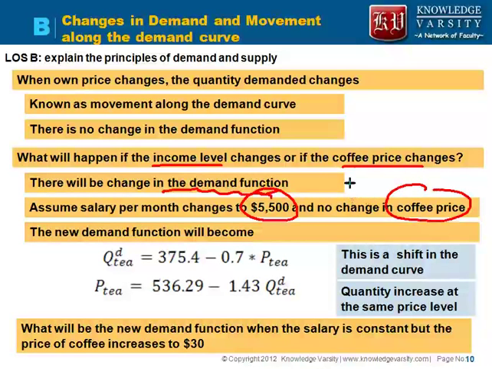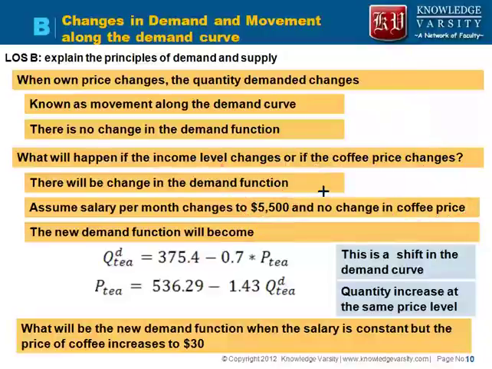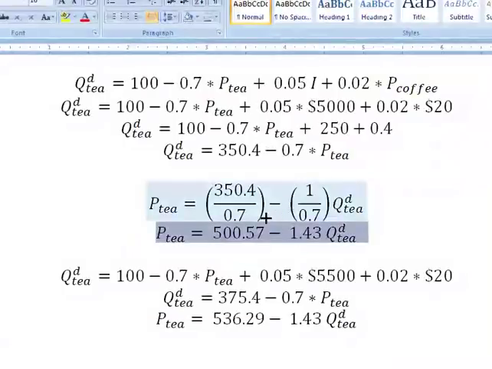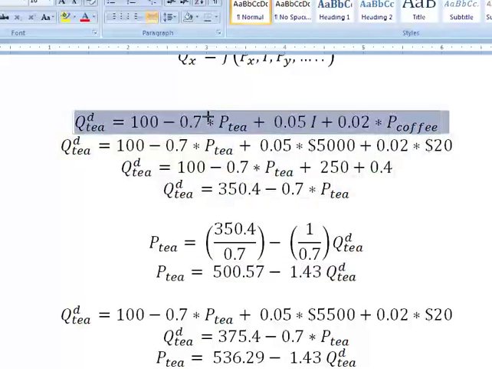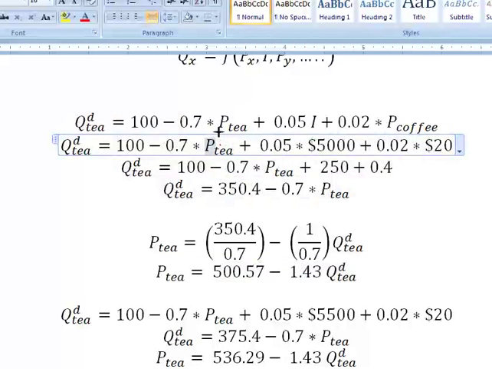We need to understand what the new demand curve would be. Please note that when we had considered the earlier demand curve, we had assumed certain things and said that this is the value. So this is your demand curve.